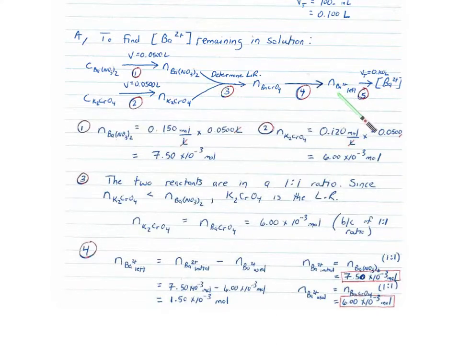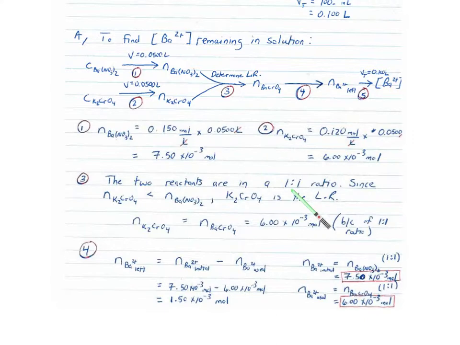Then after I get the number of moles of Ba2+, I should be able to calculate the concentration of Ba2+ using the fact that I know the final volume will be 100 milliliters. Again, quickly taking you through number 1 and number 2, the number of moles are calculated. That's fairly straightforward. In number 3, I'm just further justifying here that the limiting reagent is in fact the K2CrO4.